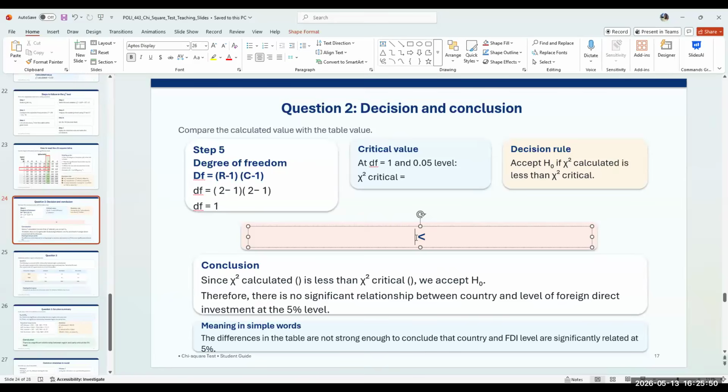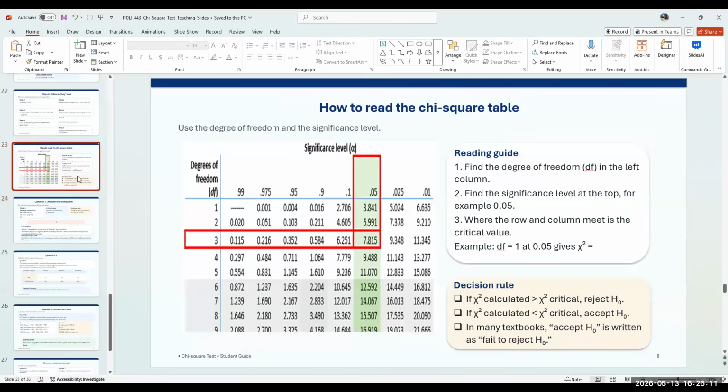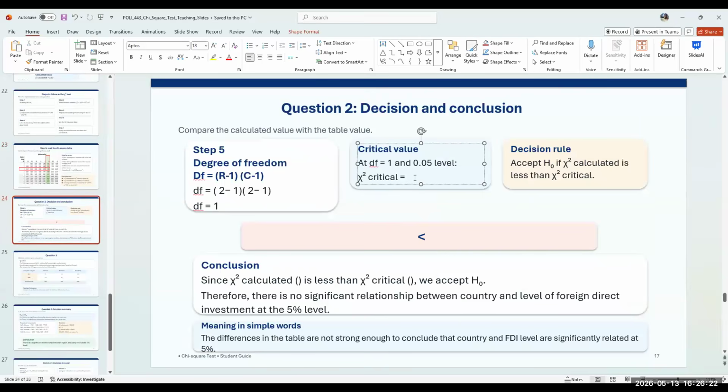So over here, Benedetta, what answer did you get? You said 3 point what? 3.841.